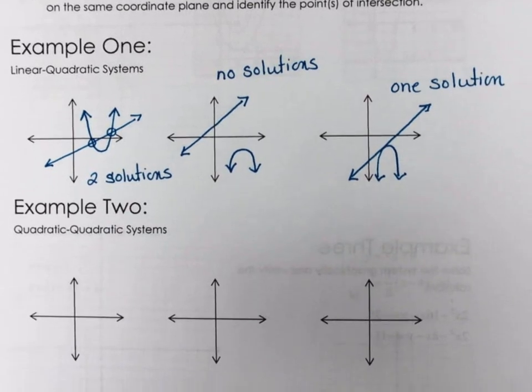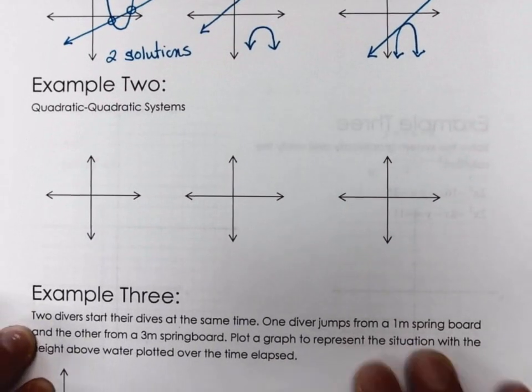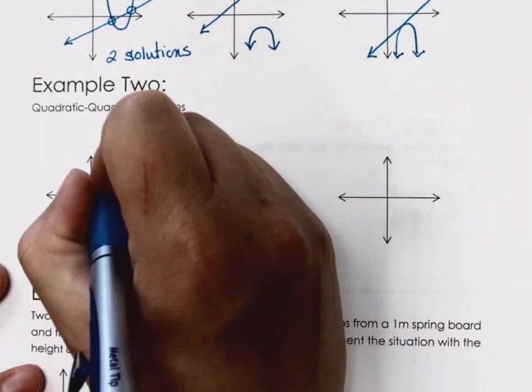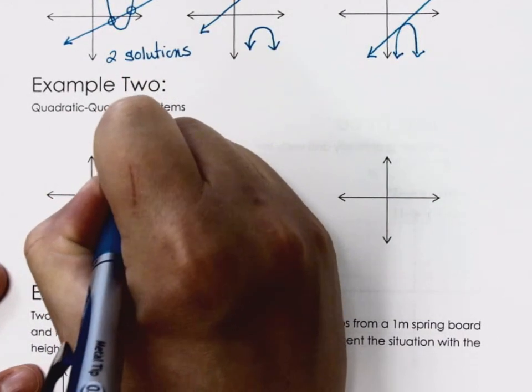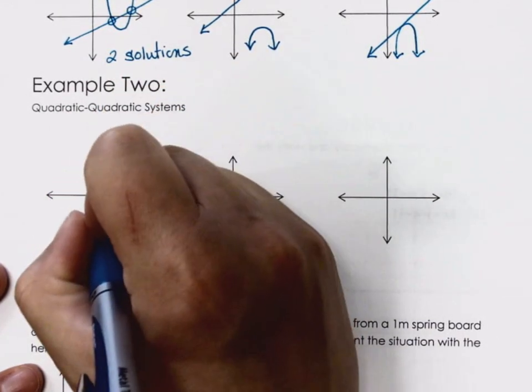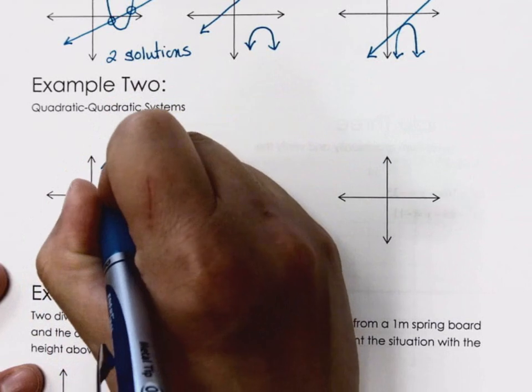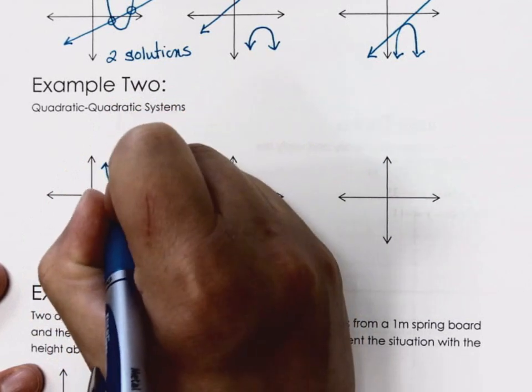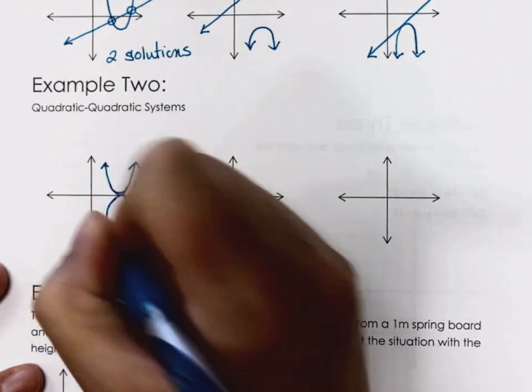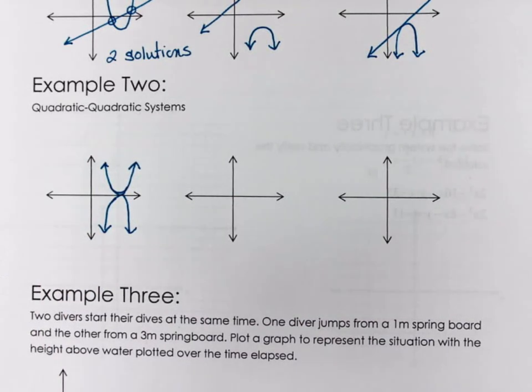Okay, quadratic. How many solutions there? 1.